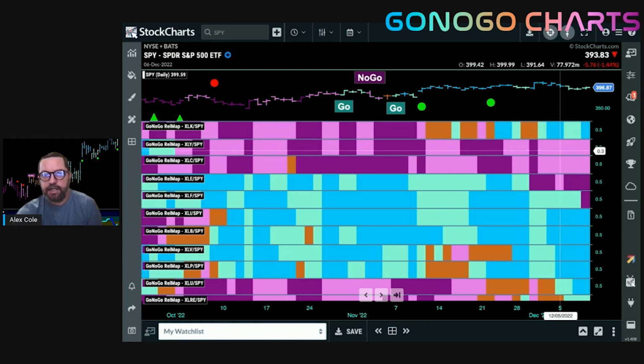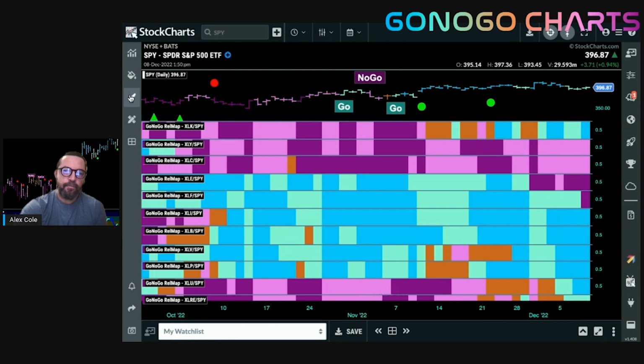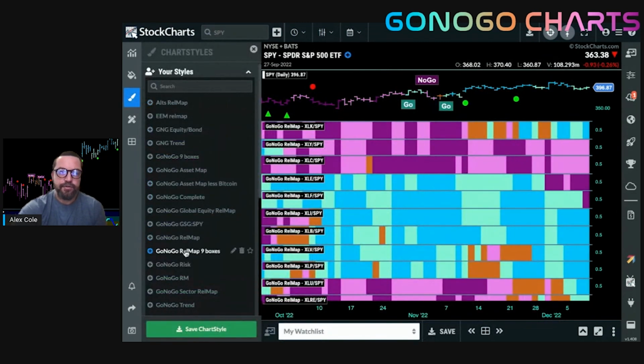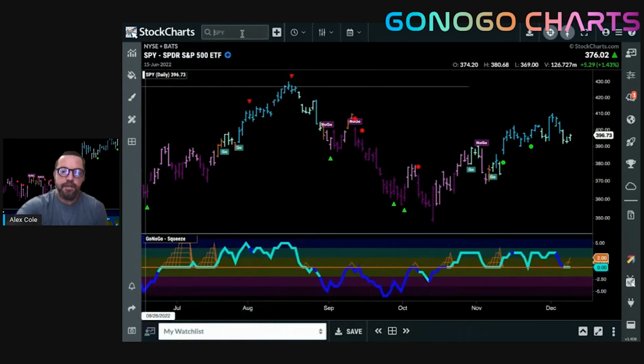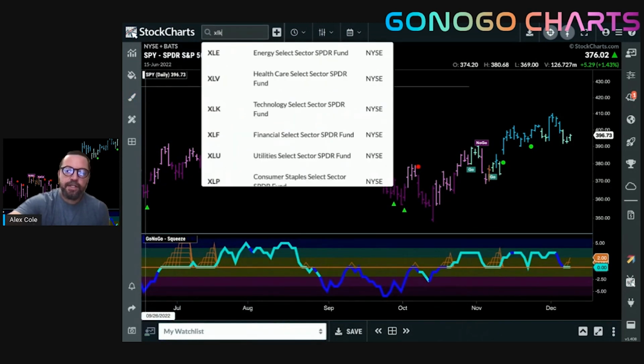We haven't seen it yet for discretionary or for communications, but we are seeing it in technology. So if you have our research, you'll have seen some ideas coming out in the technology space over the last couple of weeks. But let's have a look at that technology chart.